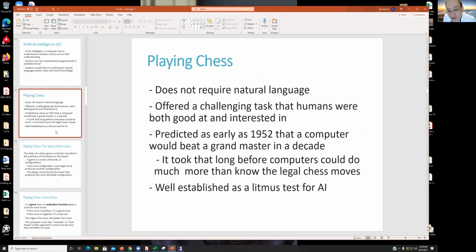So playing chess. As it says here, it doesn't require natural language. You just need to understand all the rules, and then you go from there. Playing chess is a challenging game for those of you that may have played it. I would say it's sort of like a number crunching exercise, right? That's more about the hardware or algorithm capabilities of the computer.